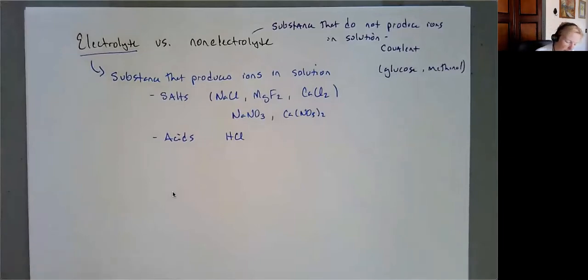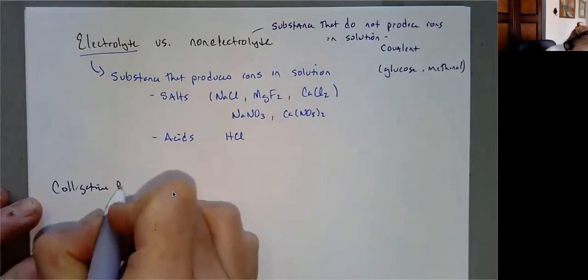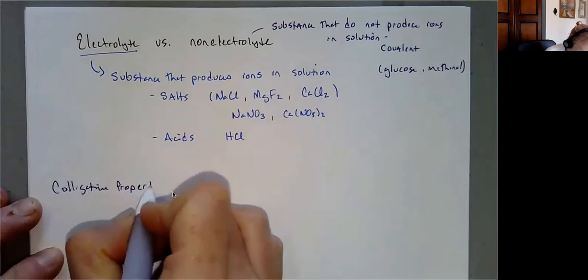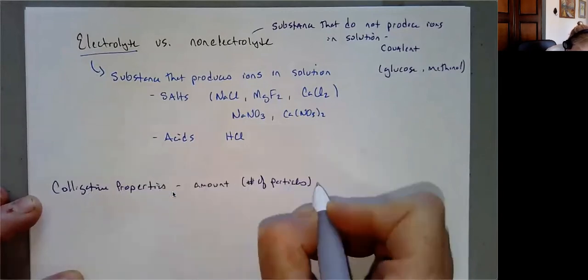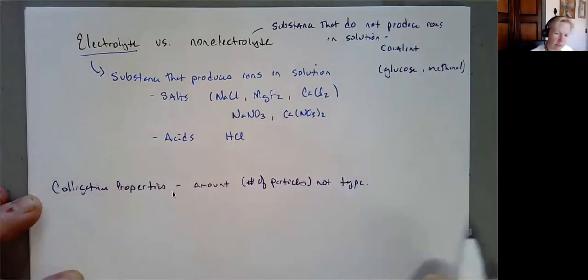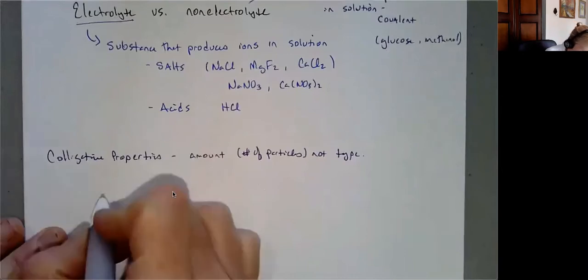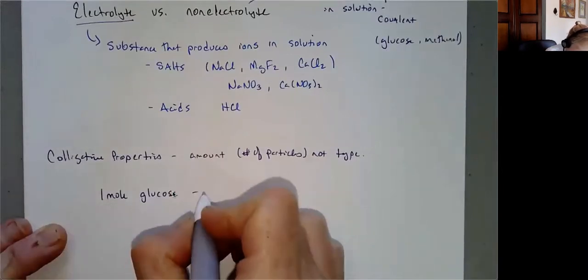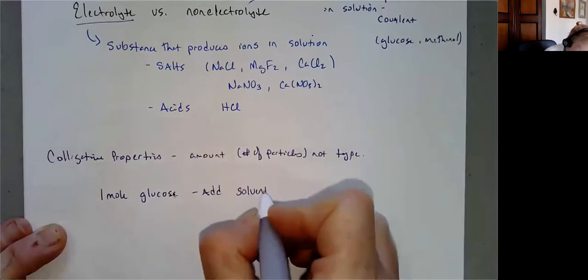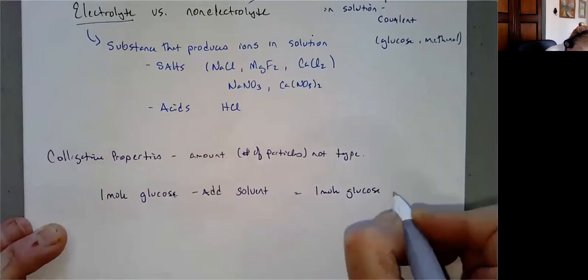If we think about colligative properties, remember, they only depend on the number of particles, not the type. So electrolytes and non-electrolytes are going to be different. If I have 1 mole of glucose and I add that to a solvent, then I'm going to have 1 mole of glucose in solution.